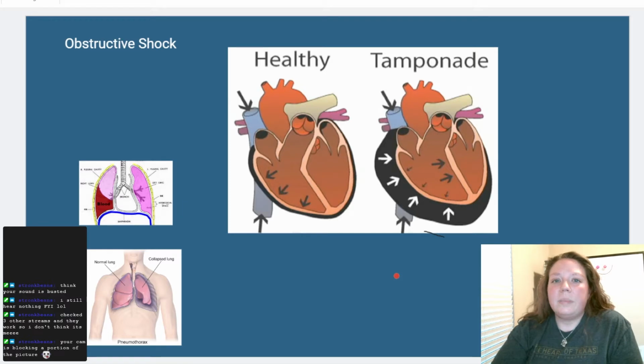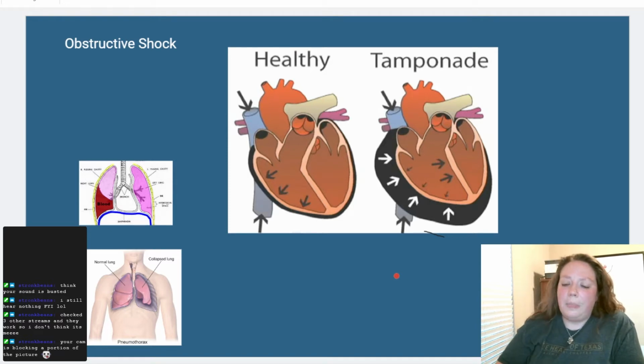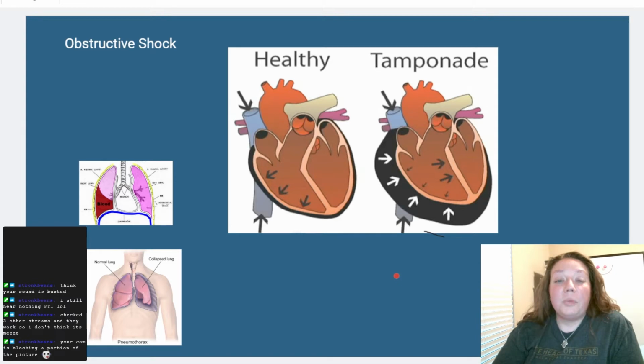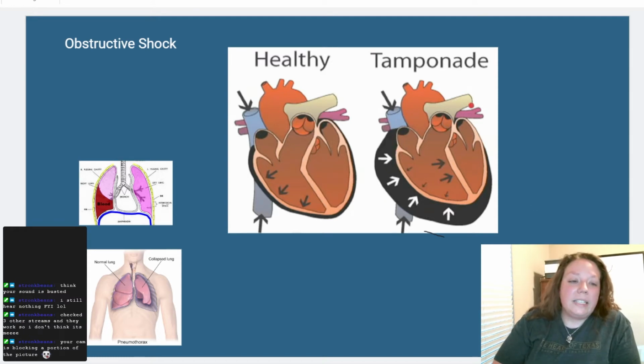She sat him down and listened, and thought, "Man, I can barely hear his heart." She did an EKG, saw some changes in the heart rhythm, and realized her patient was in cardiac tamponade. She called 911, and he actually lived. But if she had not recognized it, if he had just said it's a little chest pain, he could have not made it. So, like I said, it's a medical emergency. You've got to get that fluid drained.